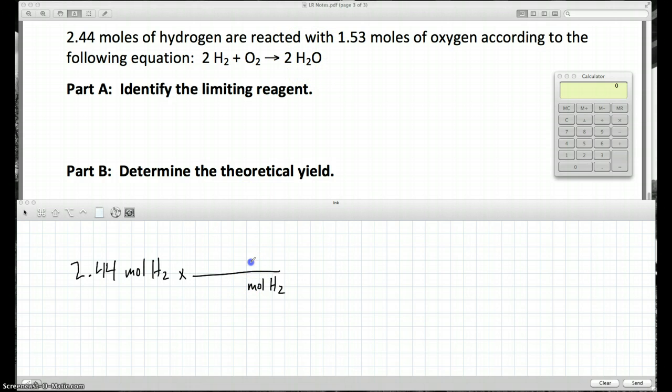That's what I want to put on top. From learning stoichiometry last week, we know that we can go from moles to moles. That's when we use the balanced equation. So moles over moles, I look at my balanced equation. H2 is a 2, H2O is a 2, so it's a 2 here, 2 here. That's some easy math.